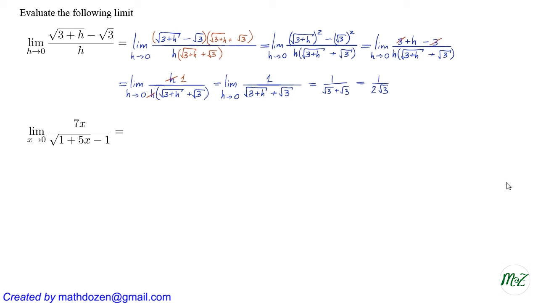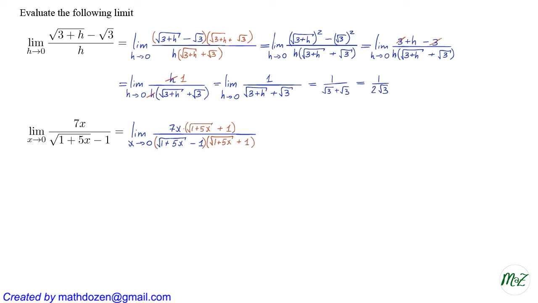Okay, looking at the second limit, we observe that if we plug in x equals 0, we have essentially 1 minus 1 in denominator, and that's too bad. It doesn't give us a shortcut to evaluating the limit.